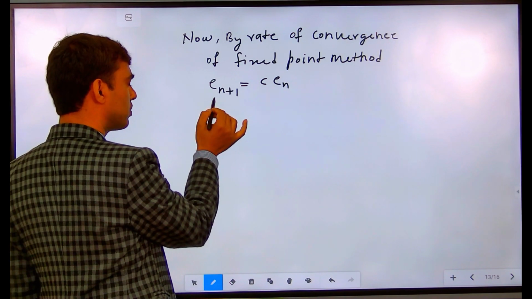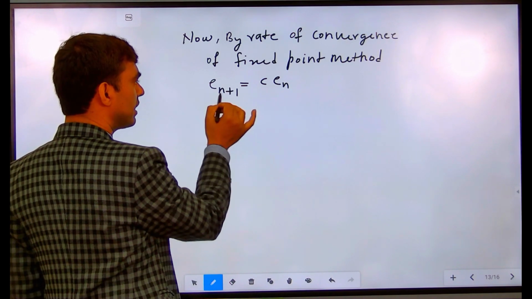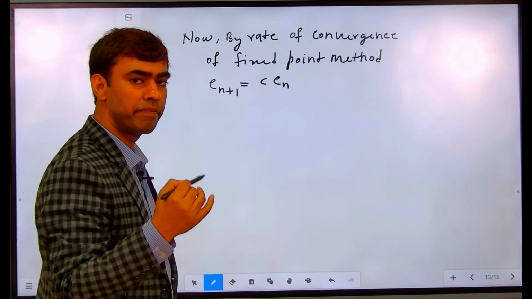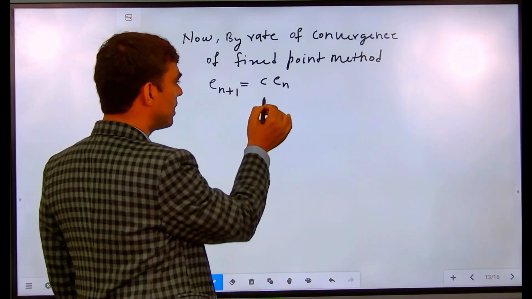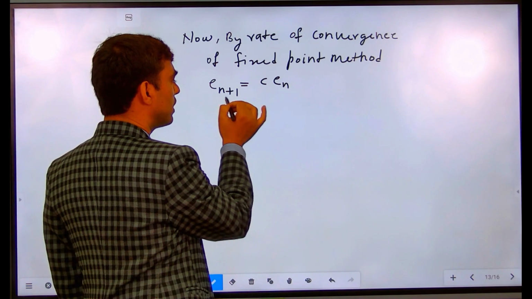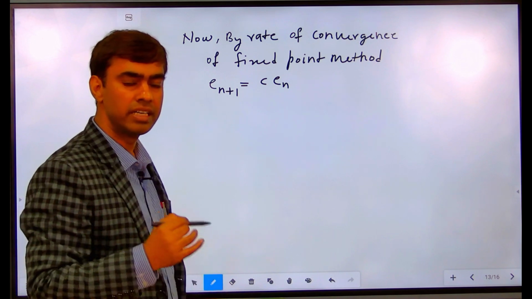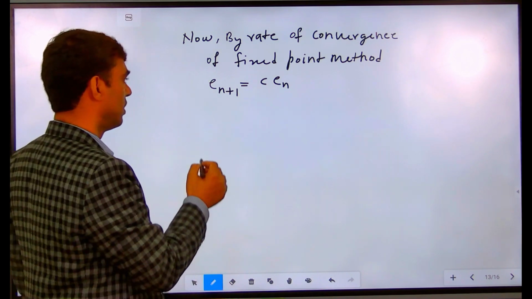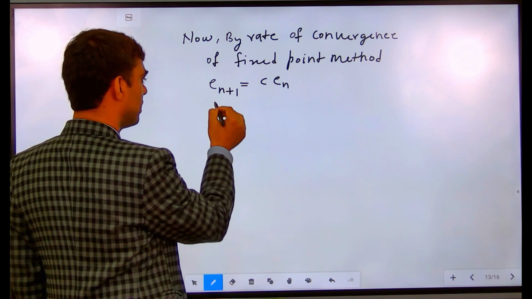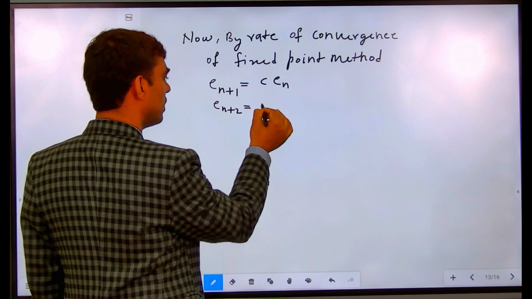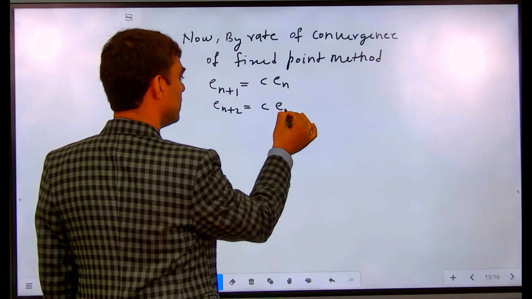What is the meaning of this? The error in the next iteration equals C times the error in the previous iteration. That means the error in the (n+1)th iteration equals C times the error in the nth iteration. Now in a similar manner, we can write E_{n+2} = C E_{n+1}.